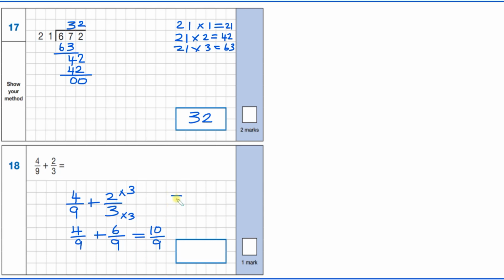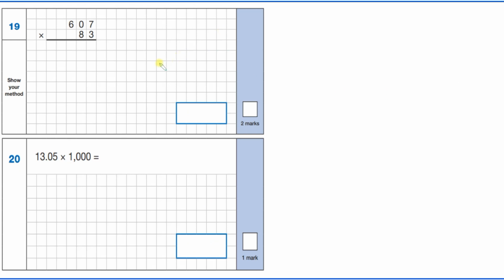A top heavy number you can write as a mixed number: one whole number and 1/9. How to do that one? 10 divided by 9 gives a quotient of 1. We call that one whole number, and one remainder. So the answer is 1 and 1/9. Question number 18 done.